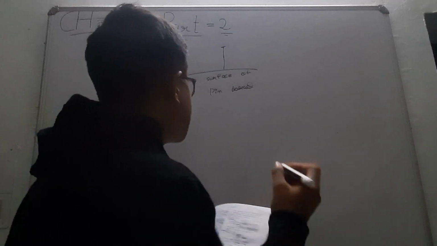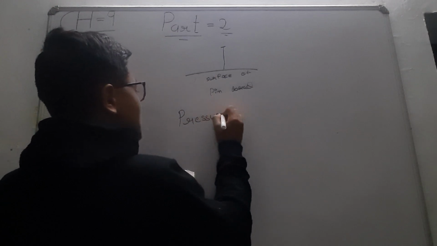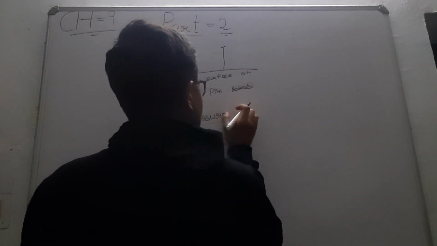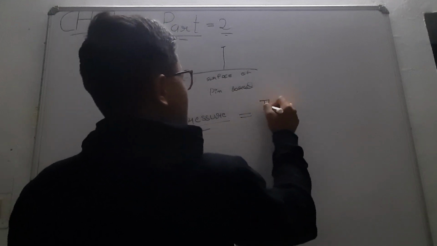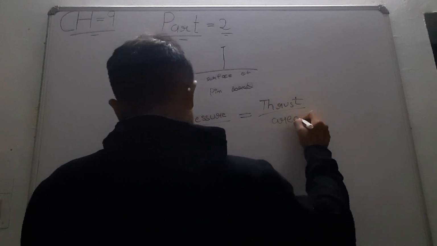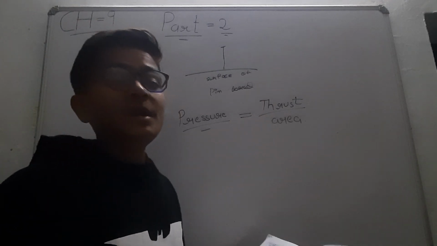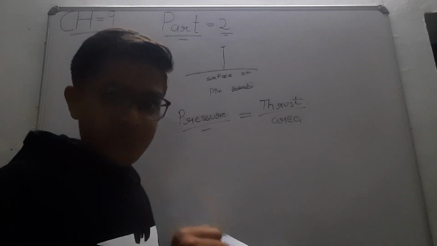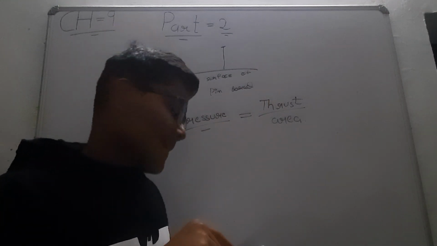And what is pressure? Thrust per unit area is called pressure.